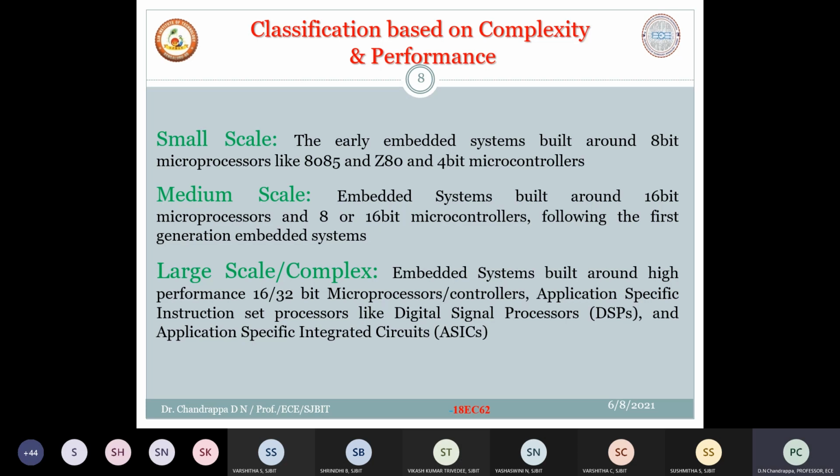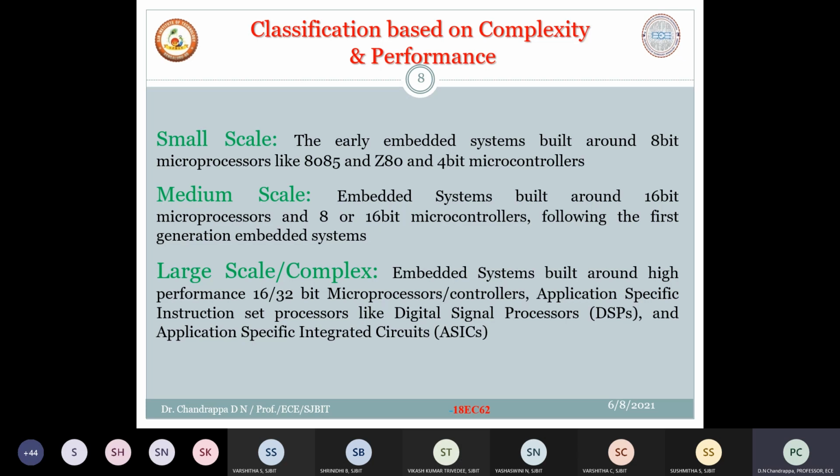And lastly, another sub-classification based on complexity and performance. It is the very specific embedded systems, what they introduced in the third generation or fourth generation from the previous classifications.